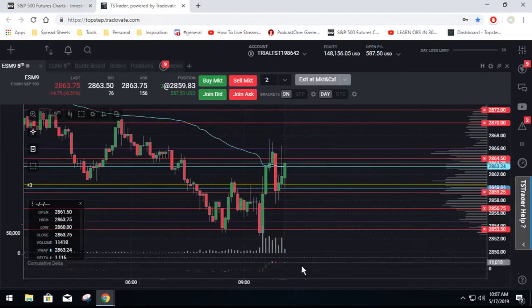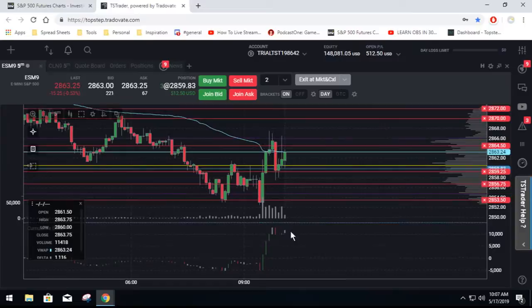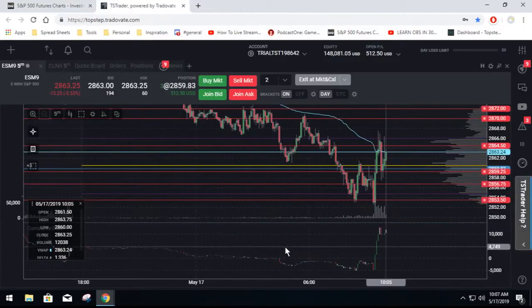What we're looking for is a continuation of the delta build. We add in some contracts.